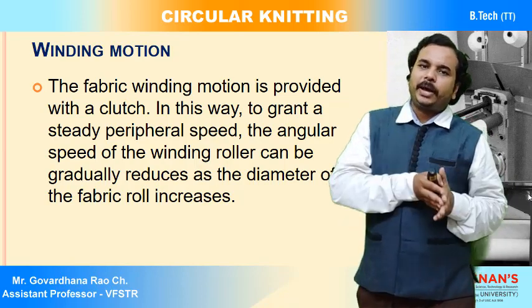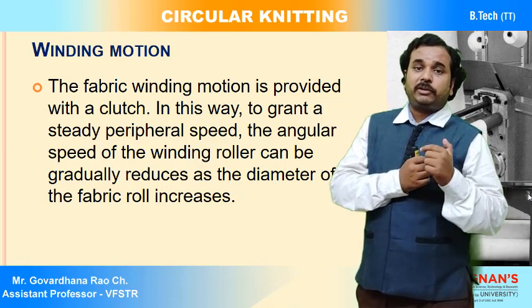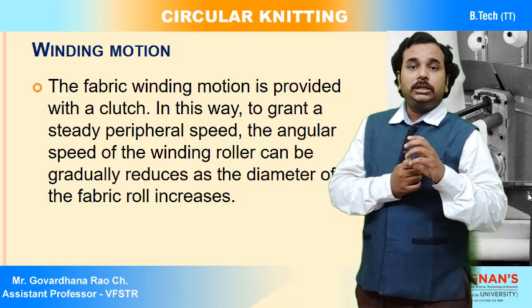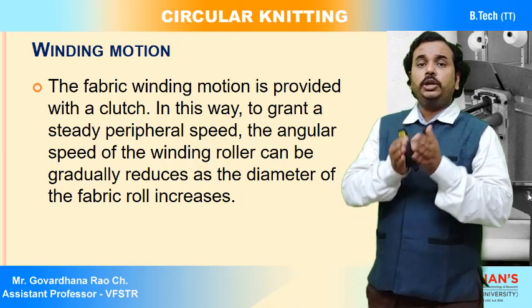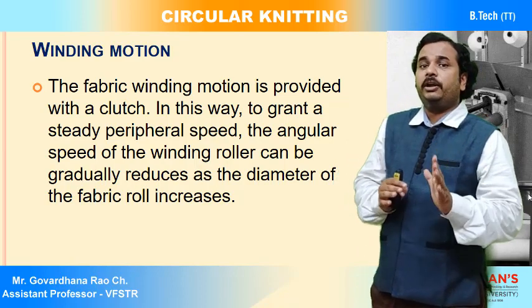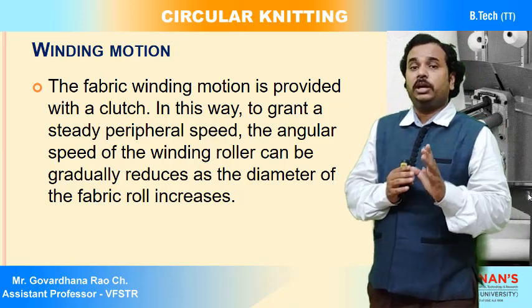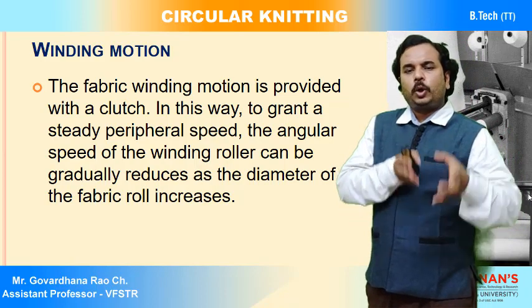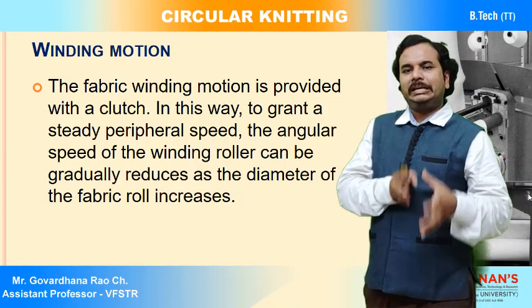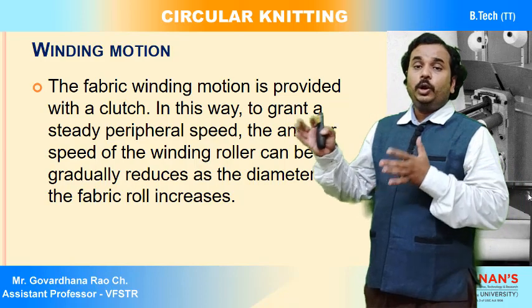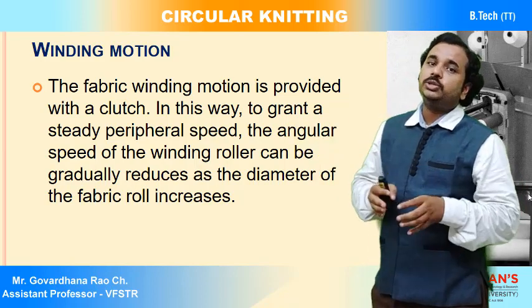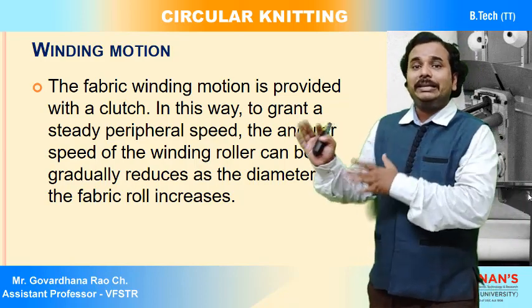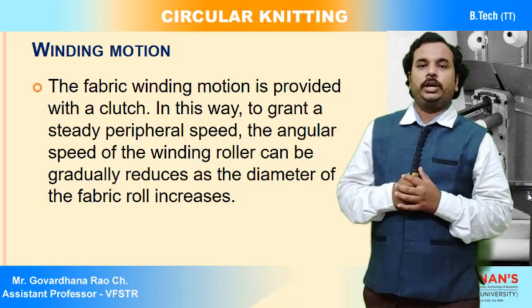If you compare with the circumference of the fabric roller, you need to calculate the surface speed of the roller. The roller diameter is going to increase step by step, so in that case we need to decrease the speed of the cloth winding roller.